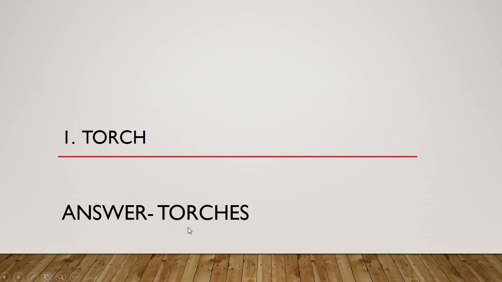Let us repeat the spelling of torches. T-O-R-C-H-E-S. Okay. As it ends with CH, we have to add ES. This was there in the rule.